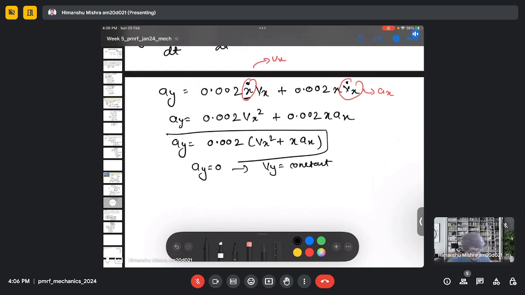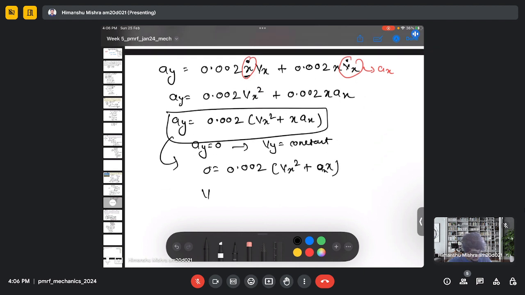So this expression will become 0 equals 0.002 times vx square plus x ax, which means vx square equals minus ax multiplied by x. So I can find the horizontal component of acceleration as minus vx square by x.